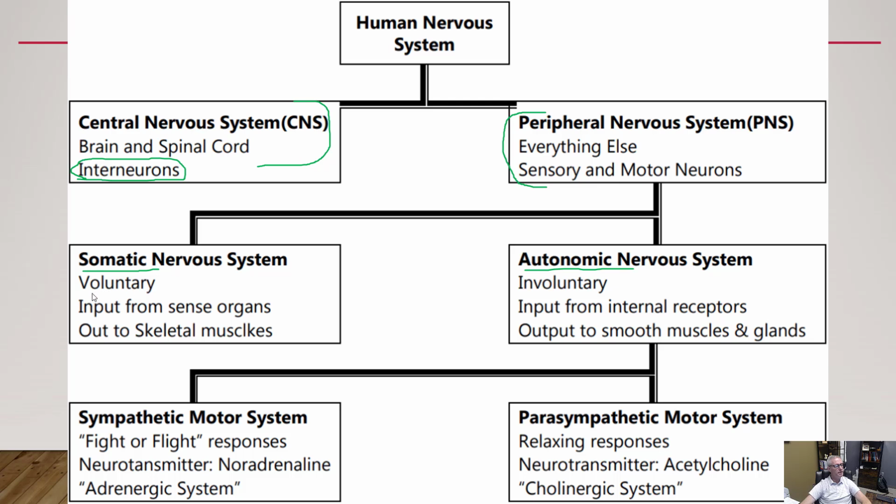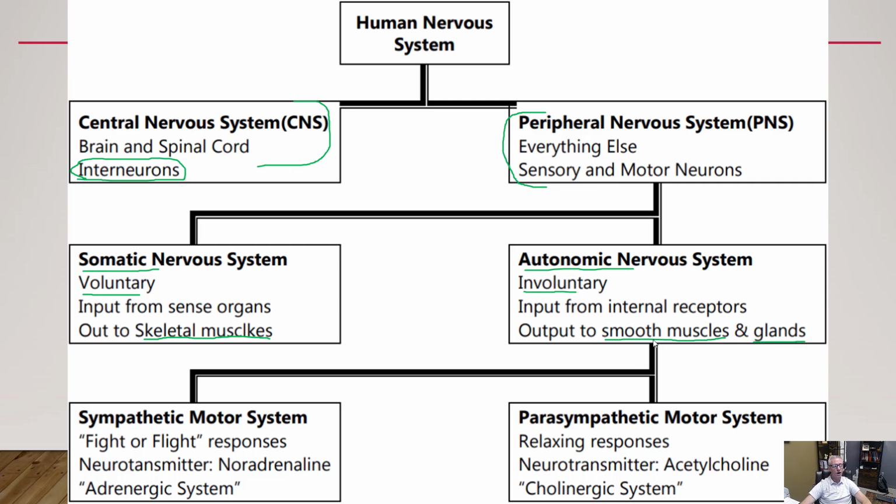The somatic is our voluntary, which goes to our skeletal muscles. The autonomic is our automatic portion. It's involuntary, and that efferent pathway will provide output to smooth muscles, cardiac muscles, glands.